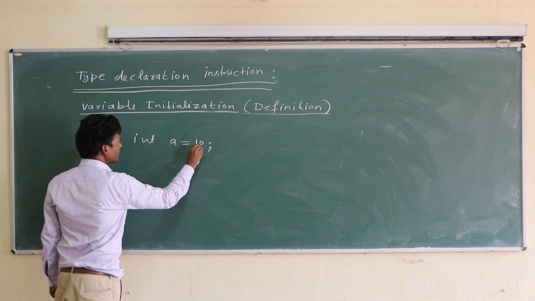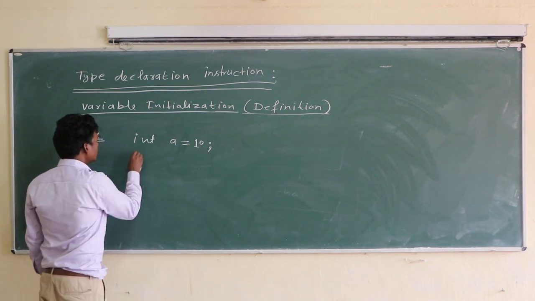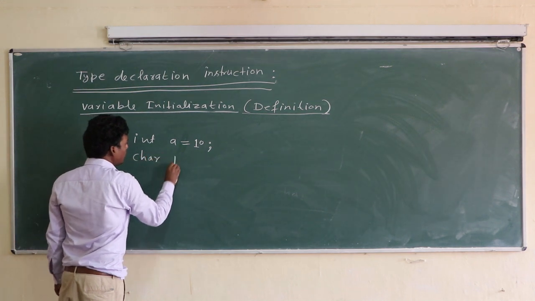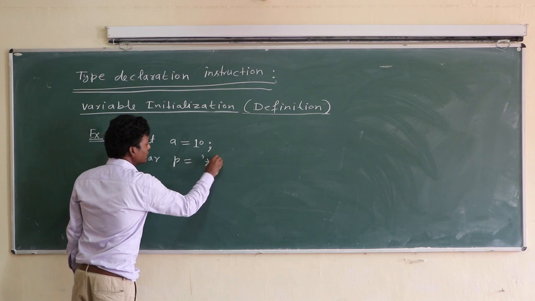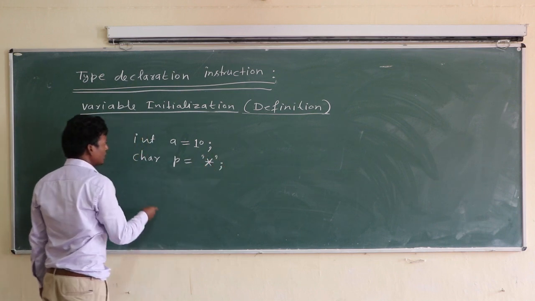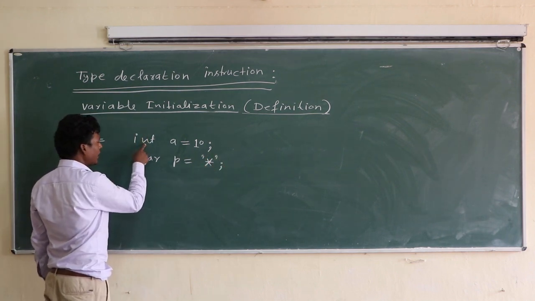Okay. Char p equal to this. This is also variable initialization. Here the data type is char, here the data type is int.